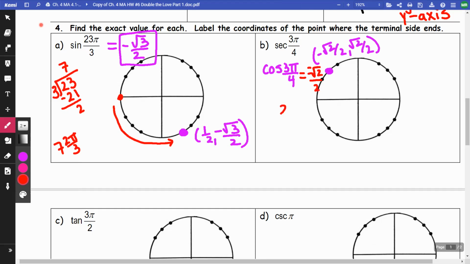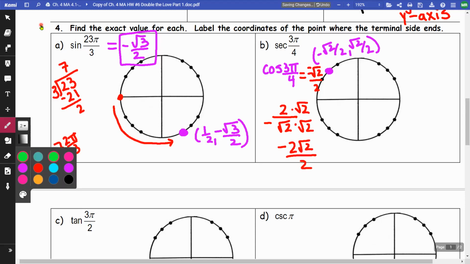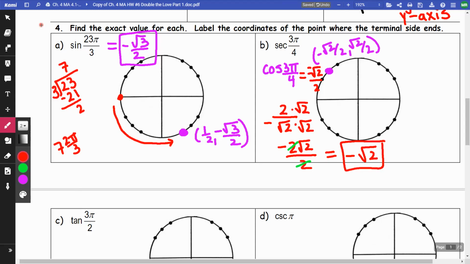So my secant is going to be the reciprocal. And I want to rationalize, so I'm going to multiply top and bottom by root 2. I'm going to end up getting negative 2 root 2 over 2, and then a 2 from the top and bottom can simplify to a 1, and I end up with negative root 2 as my answer.